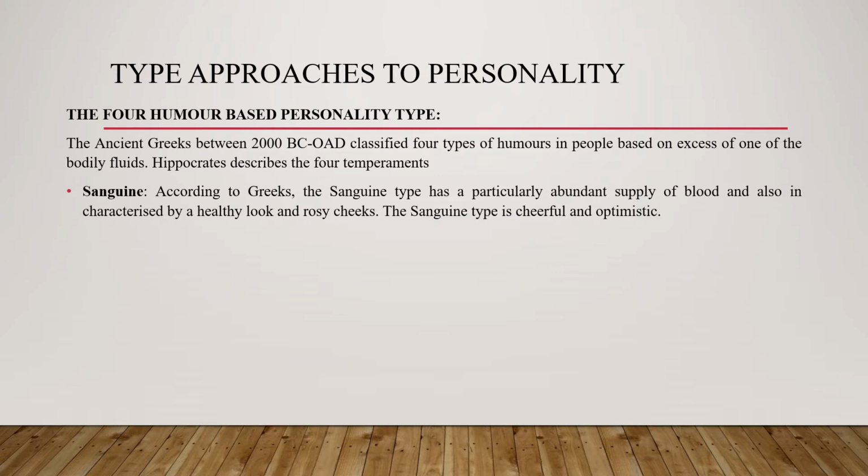Abundant means a large supply of blood, and the bodily fluid here is blood. So they look healthy and have rosy cheeks.